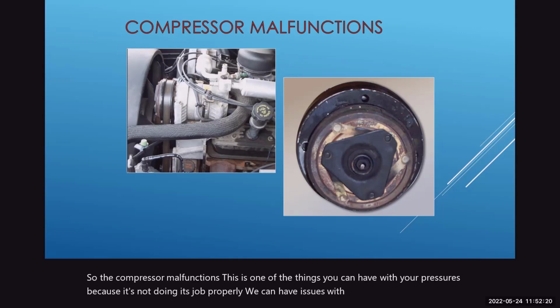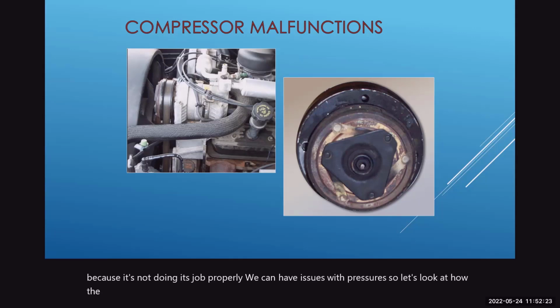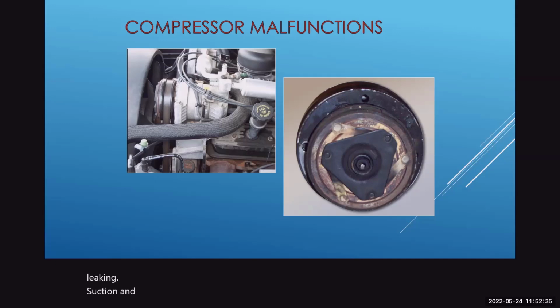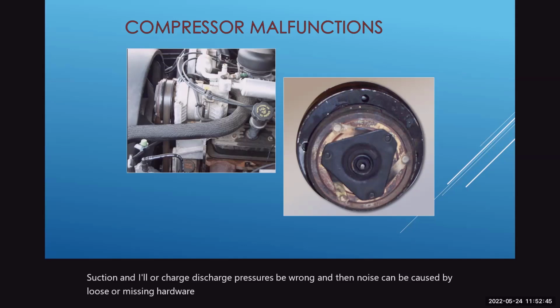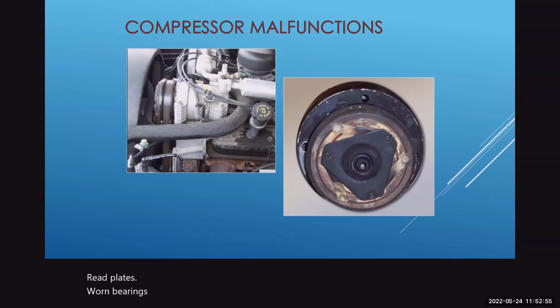So let's look at how the AC system components can fail. Compressor malfunction will include noise, lockup, leaking, and low suction and/or discharge pressures being wrong. Noise can be caused by loose or missing hardware, or by internal compressor damage, including broken reed plates, worn bearings, or piston damage.